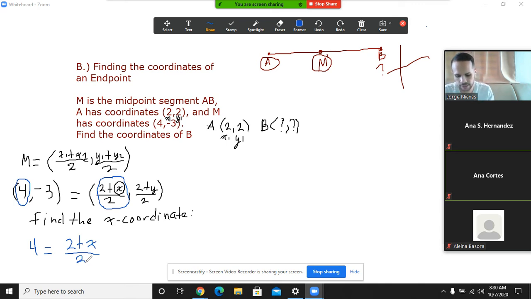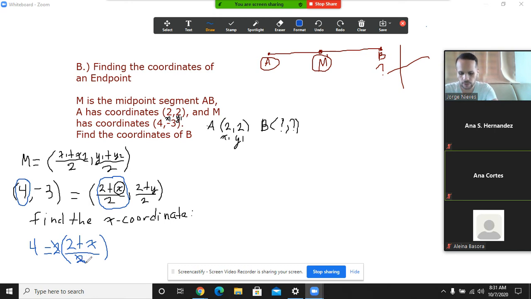So the question is, how can I set the coordinates to be equal? Or how do I get rid of that 2 in the denominator? It's very easy. You're just going to multiply both sides by 2. When we do that, if we multiply both sides by 2, we're going to get rid of that 2.